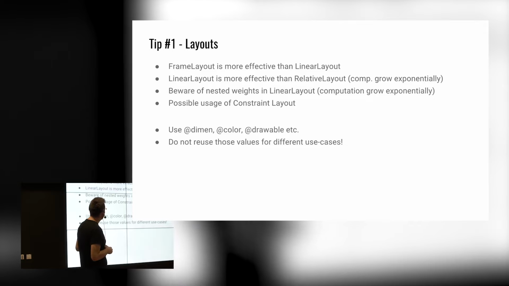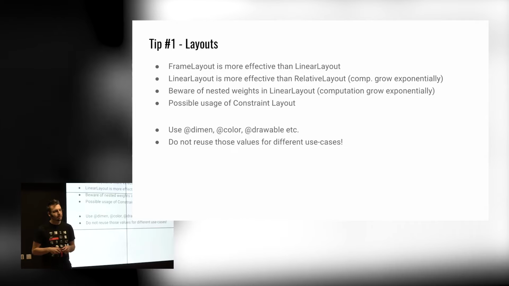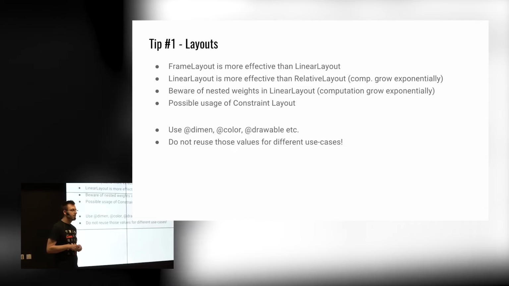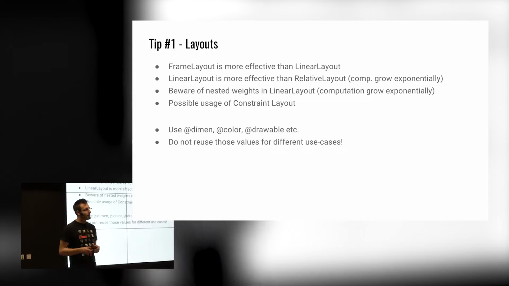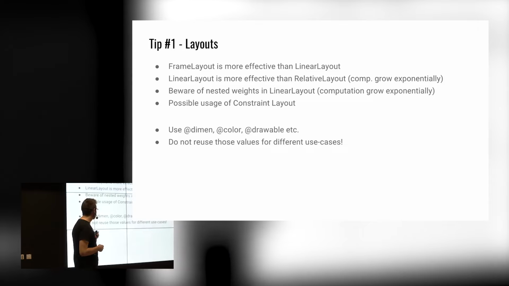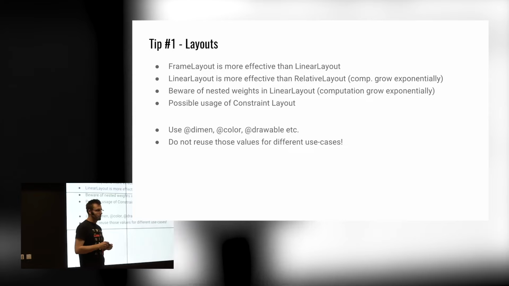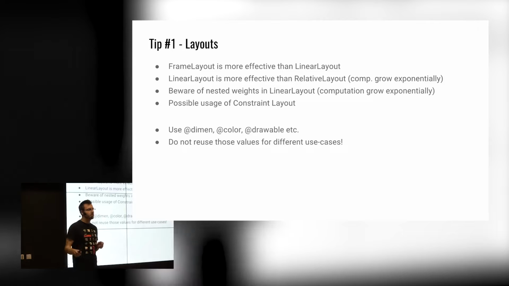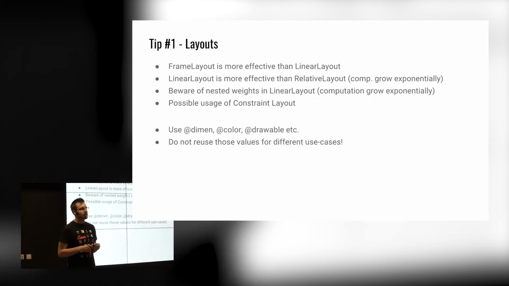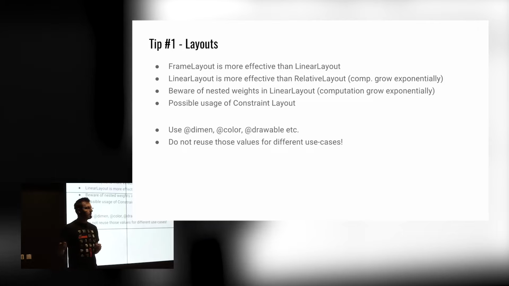Let's talk about using dimensions, colors, and drawable resources. Because when you're writing a layout in an XML file, you can use those resources, and you should use them. Don't use permanent values in layouts, like let's say this is 4 dp tall or something.